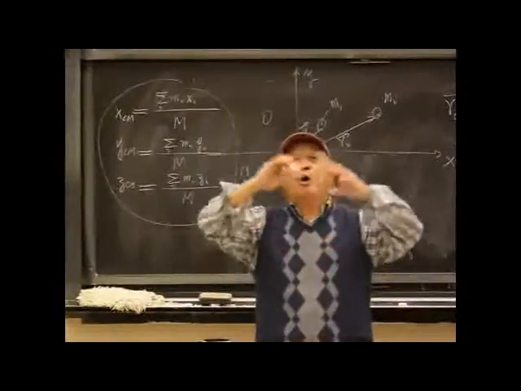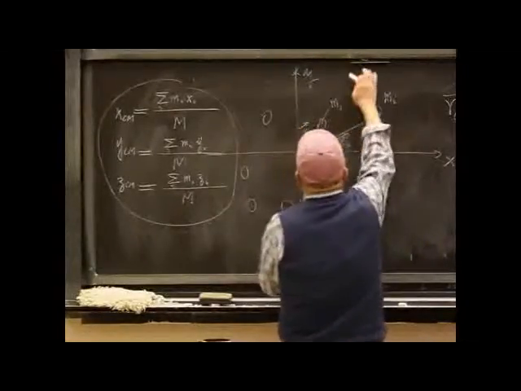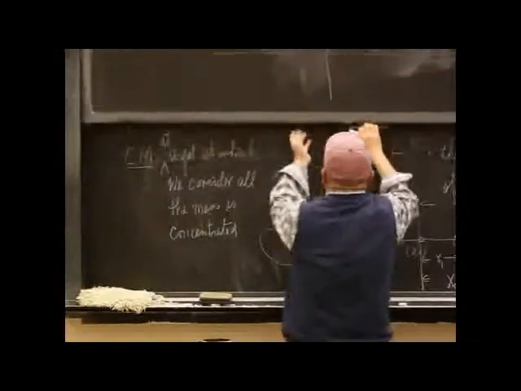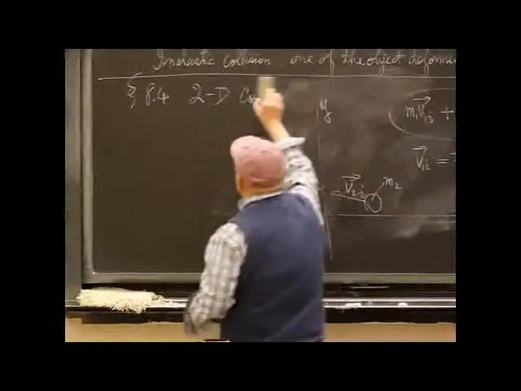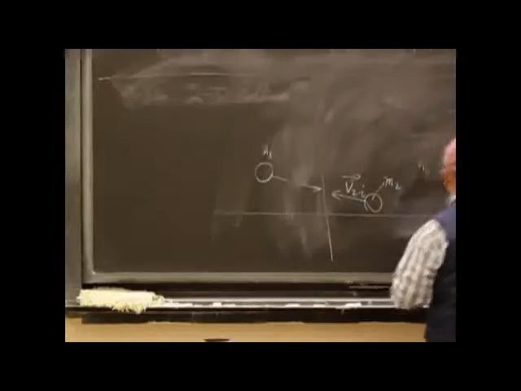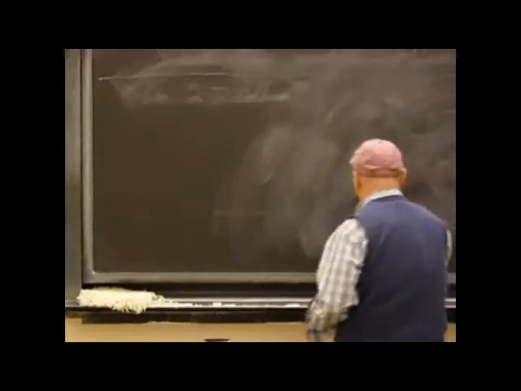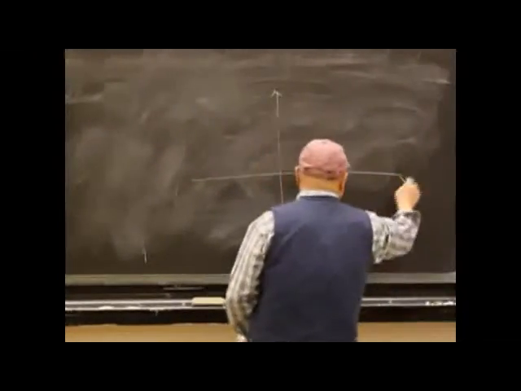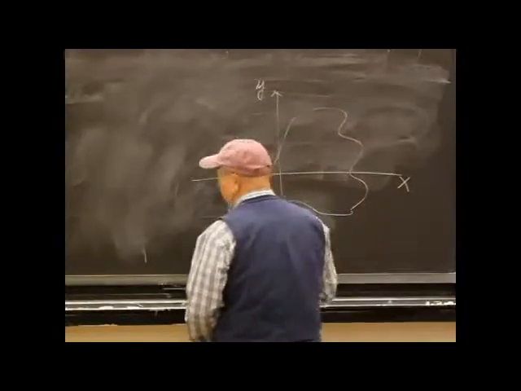So now, if you have a continuous object, the object is not each independent particle. Suppose you have a solid object, then what will you do? We draw the picture. So here is the x and y. This is an irregular shape.